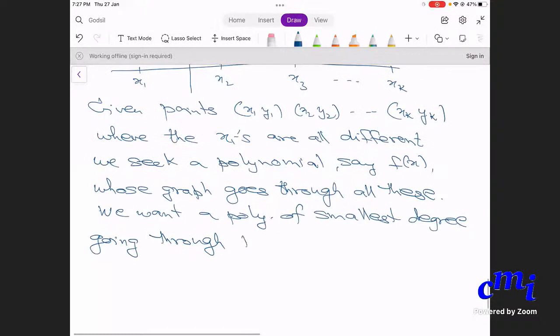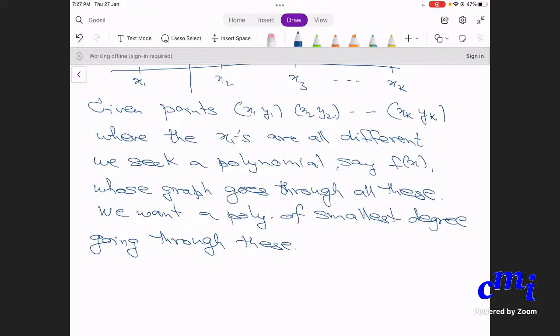So how do we do this? If you think about it a little bit, we will see that there is an analogy between what we did earlier and what we are going to do now. So let's see how to do this.